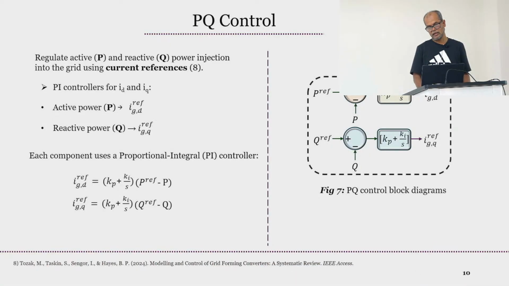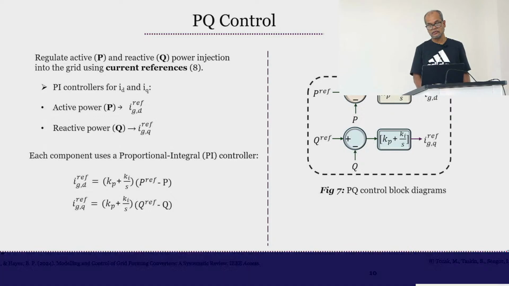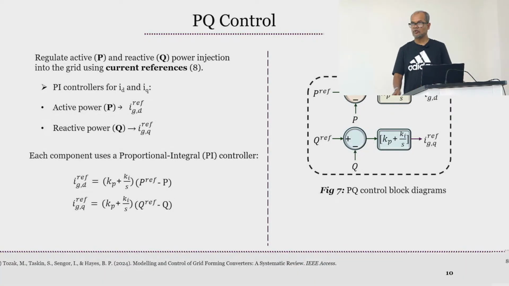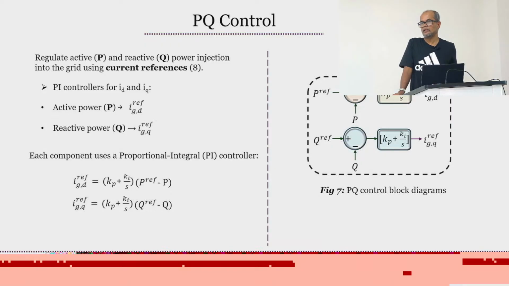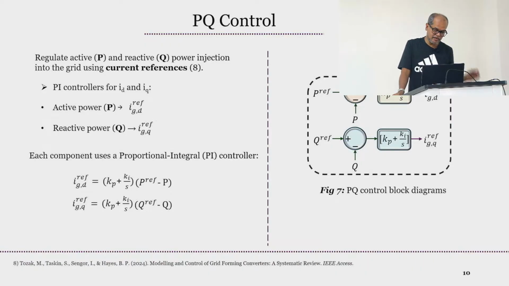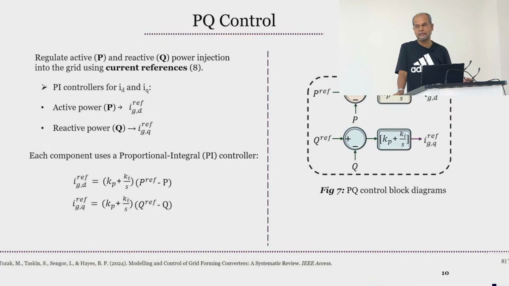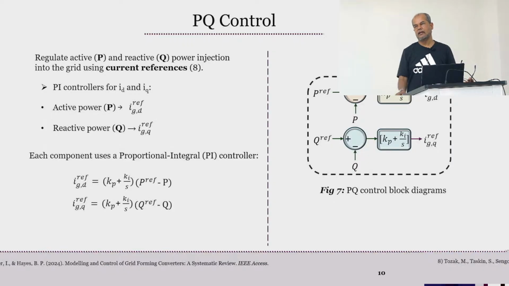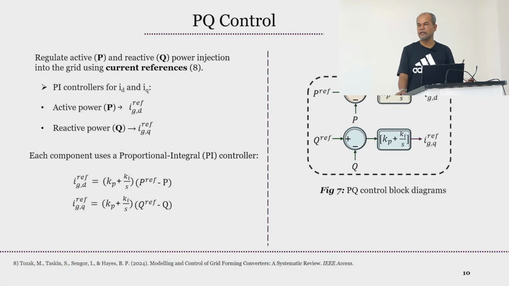How to determine KP and KI, there are many techniques available in the literature, and it's not that you always have to do it manually. Auto-tuned PI control is also available in the literature, so depending on the system condition change, it automatically updates KP and KI based on the system operating condition.